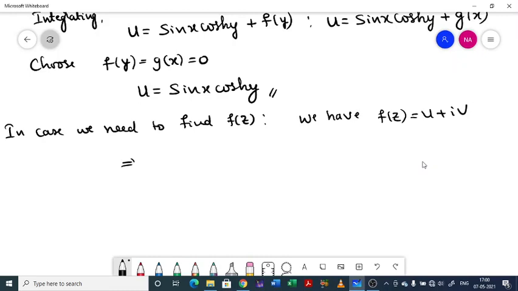Substitute for u and v. So f of z equal to sin x cos hy cos hyperbolic y plus i into, so what is v? V is cos x sin hy.